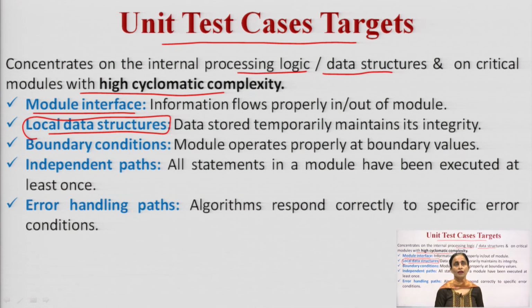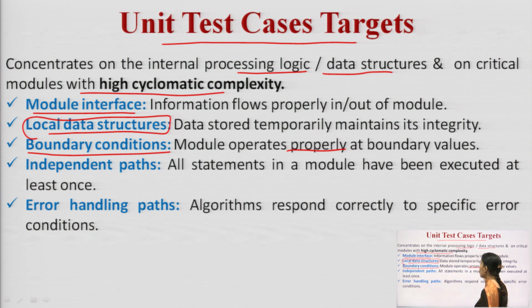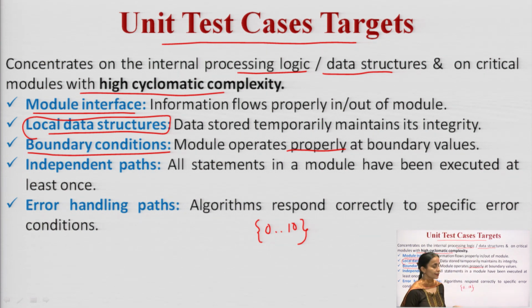Then third, how are my written functions behaving in boundary situations? Are they behaving properly or giving incorrect results? Suppose I have defined a variable that can take a value from 0 to 10. What is the behavior of my module at 0, at -1, or at 10 or 11? Fine. So, that will be checked at the boundary conditions.